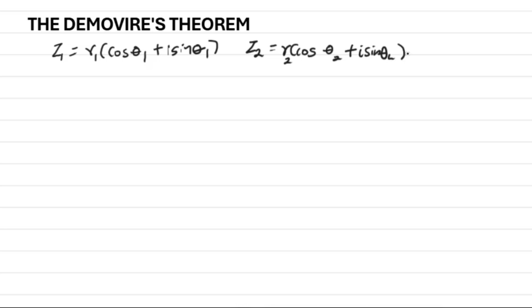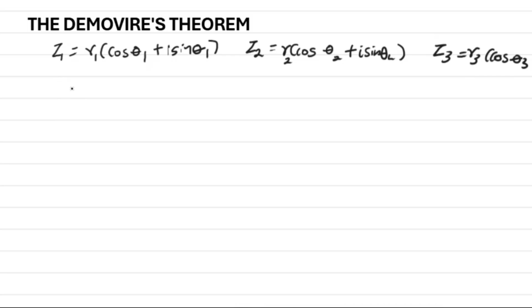Let's say we have our z3. This will give us r3 cos theta 3 plus i sine theta 3, and so on.